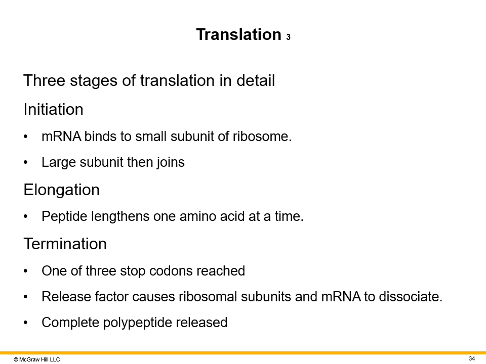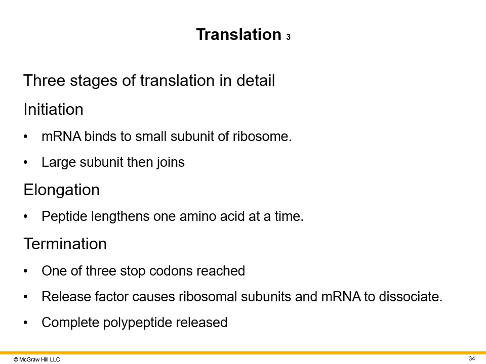Let's look at each phase in detail. Initiation is when the mRNA first binds to the small subunit of the ribosome. Next, the large subunit of the ribosome then joins and combines with the small subunit. Elongation is when the polypeptide is going to be lengthened 1 amino acid at a time.